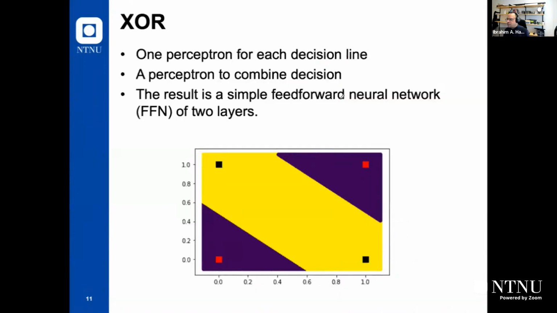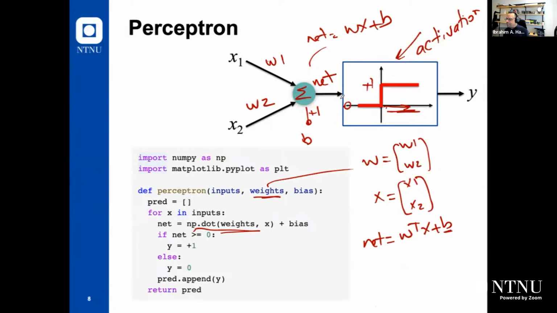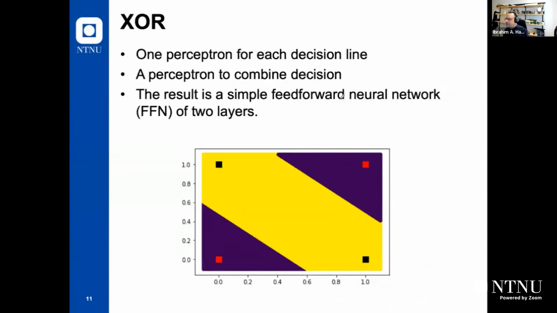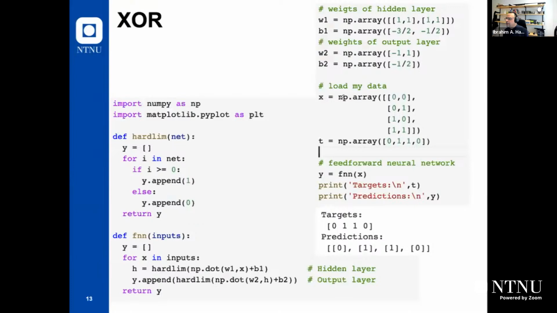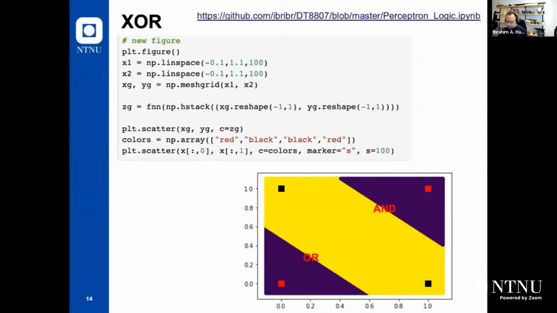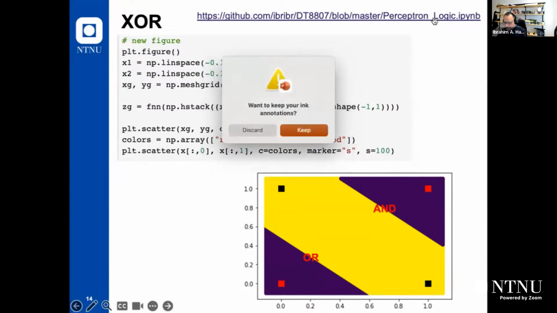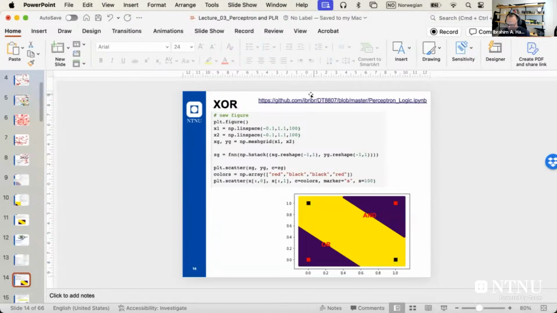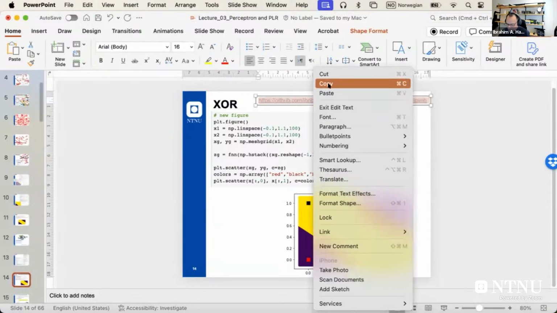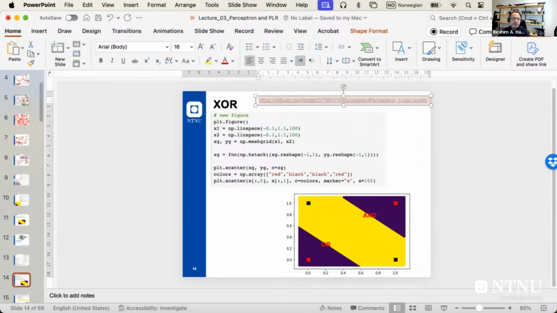I just want to share the link with you. I don't know where the link is. Okay, maybe this perceptron with logic. I will get this link to you. Okay, just one second, please. I will share this link in the chat, so you can just open it and try to play with it.